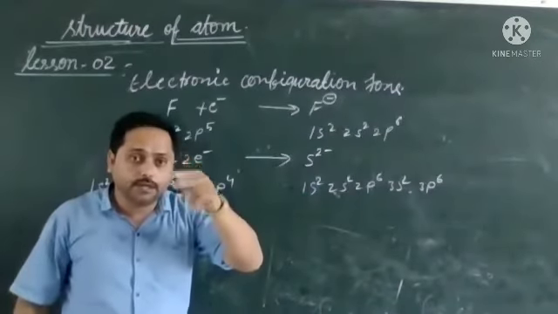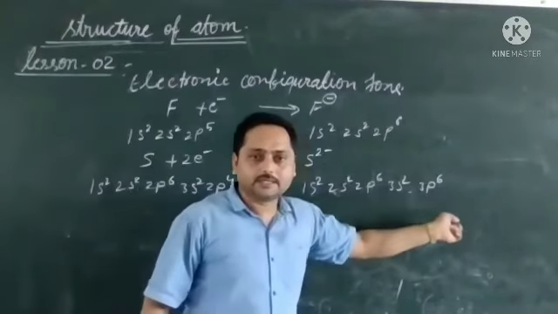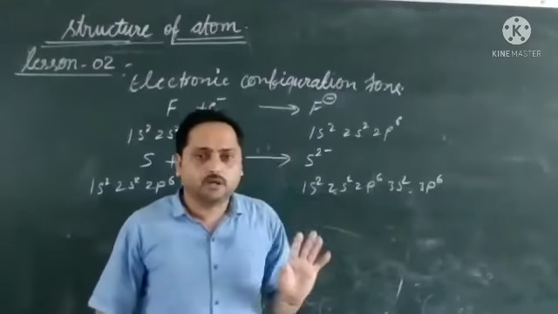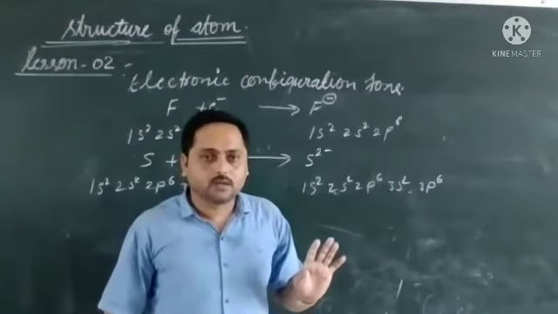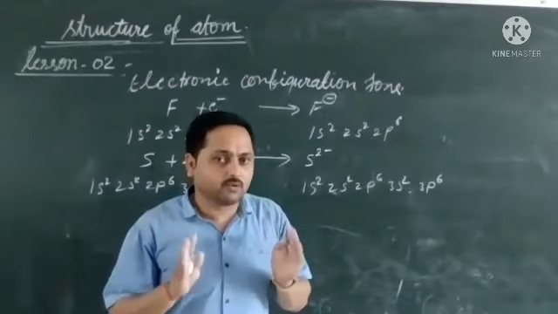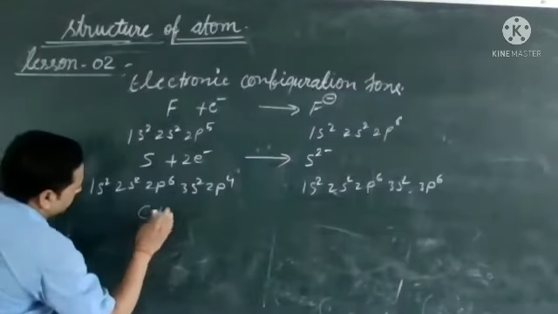So stick to 18, and then we will write the electronic configuration. I am taking 18 electrons, we will write the electronic configuration. Got it? Some of you have doubt. Just say yes or no.